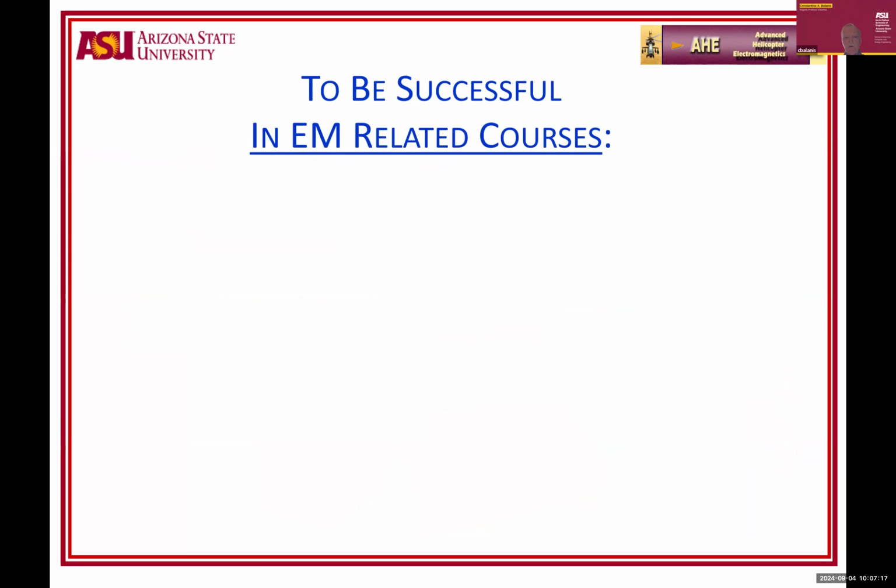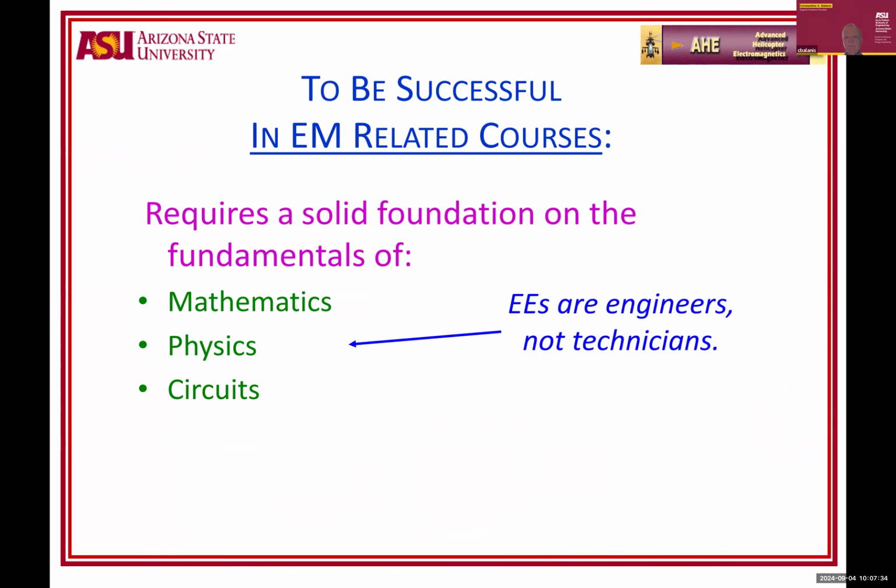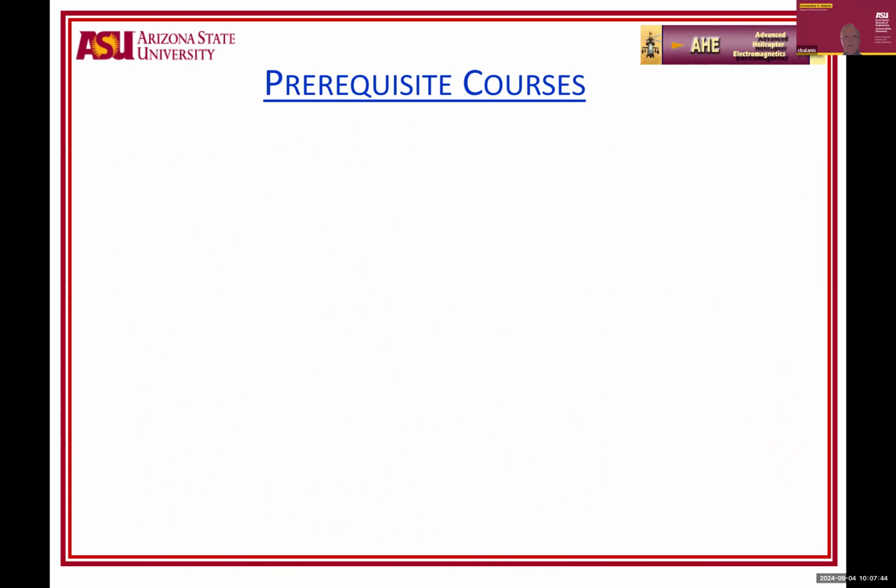To be successful in electromagnetic courses requires a solid foundation of mathematics, since it is very intense in mathematics, as well as physics and circuits, because we electrical engineers are engineers, not technicians, okay? So we use a lot of math.